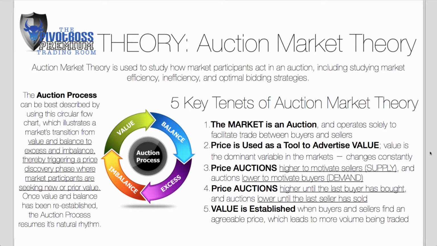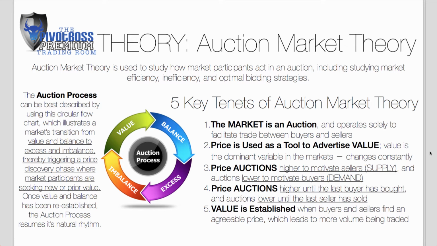Auction market theory contains the type of market participants in an auction. We'll talk about the types of market participants here in the next slide. It also talks about the actual auction process. What is the actual auction process? That's what you see here as well. And then I'll give you more about what price and value means with regards to auction market theory.